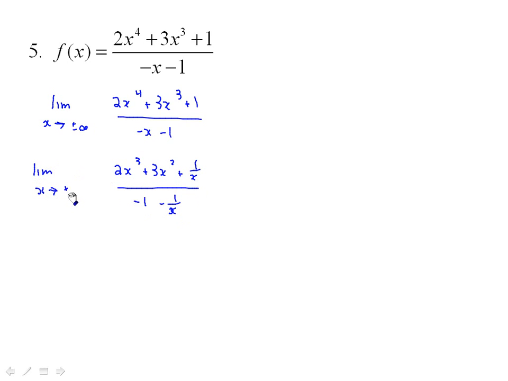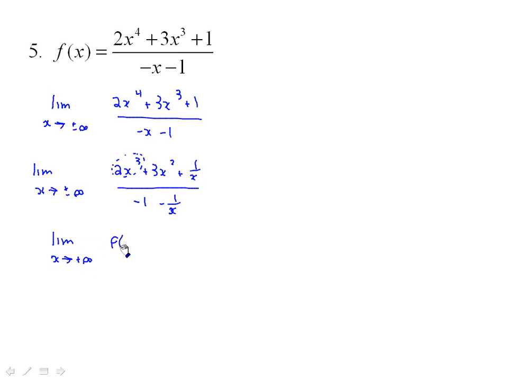And I haven't decided yet whether I need to do this separately or not. But in fact, what's going to happen is the numerator, if you pay attention to this 2x to the 3, it's really just interpretation. This is going to get bigger and bigger and bigger as x gets larger.